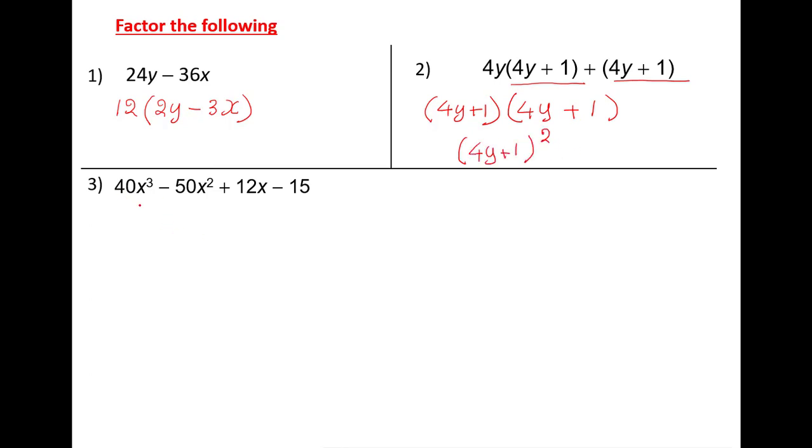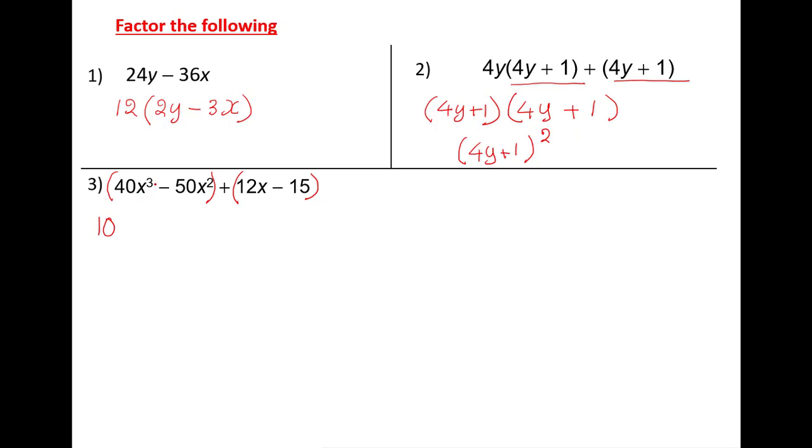Now, here I have 4 terms. As soon as I see that I have 4 terms and I want to factor, I use grouping. I take the first 2 terms together and the second 2 terms together. So I'm going to find the common factor of the first 2 terms. First, the common factor between the 40 and the 50 is 10.